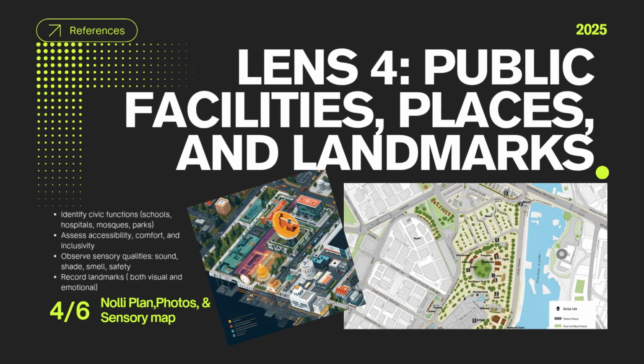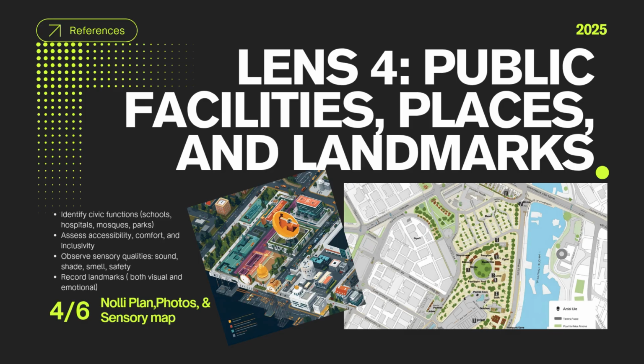Public spaces are the heart of urban experience. They tell you how generous a city really is. Identify civic institutions: schools, mosques, monuments, libraries. But don't stop there. Observe how people actually use them. A formal park may be empty, while a shaded walkway might be full of life. Record sensory details.